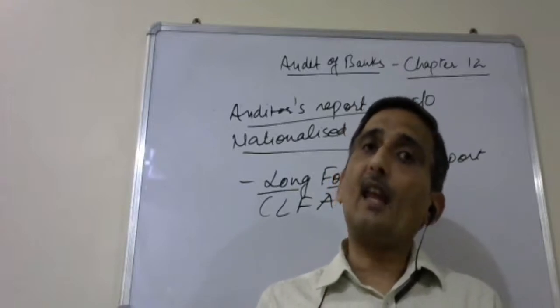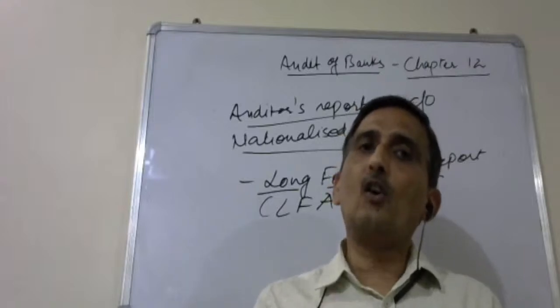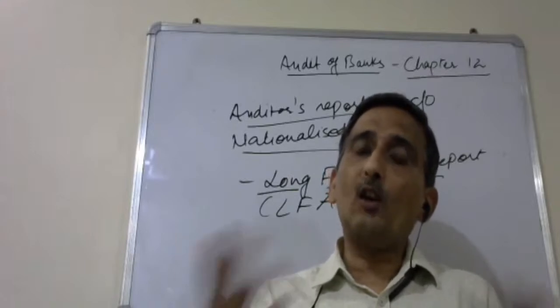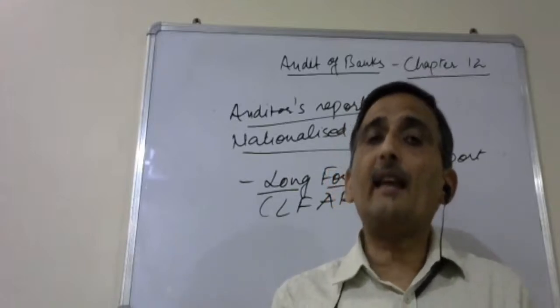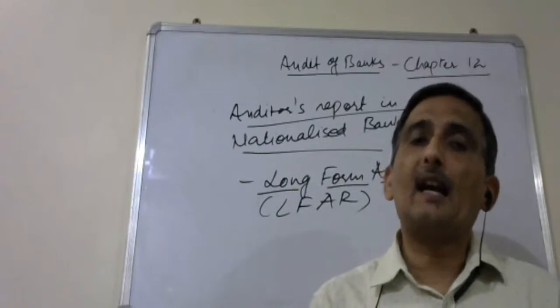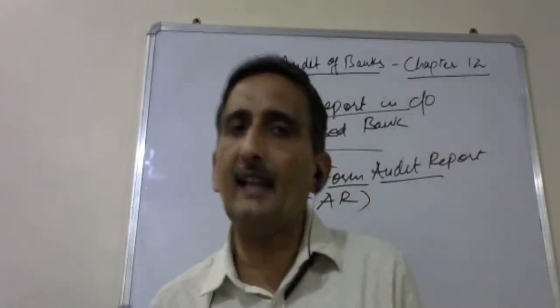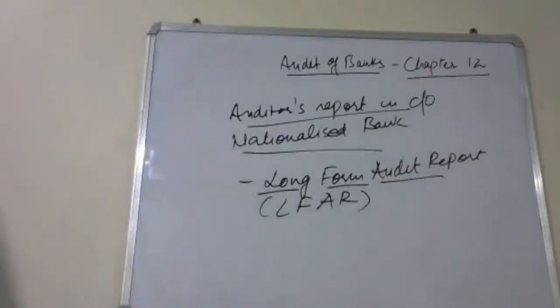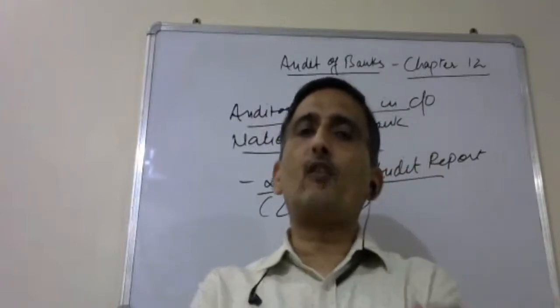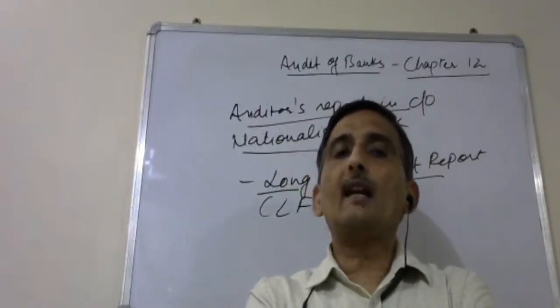That section applies to banks also. So the auditor has to report to RBI, and he also has to report to the central government in case the fraud is beyond that amount. So what was the threshold limit under section 143 subsection 12? Tell me, guys, do you remember? We had done it in chapter 5.